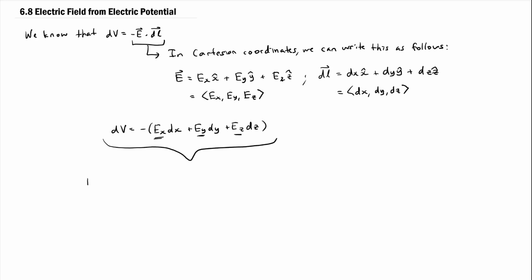We can say Ex is equal to the negative partial derivative of V with respect to x. We can say that Ey is equal to the negative partial derivative of V with respect to y, and we can say that Ez is equal to the negative partial derivative of V with respect to z.